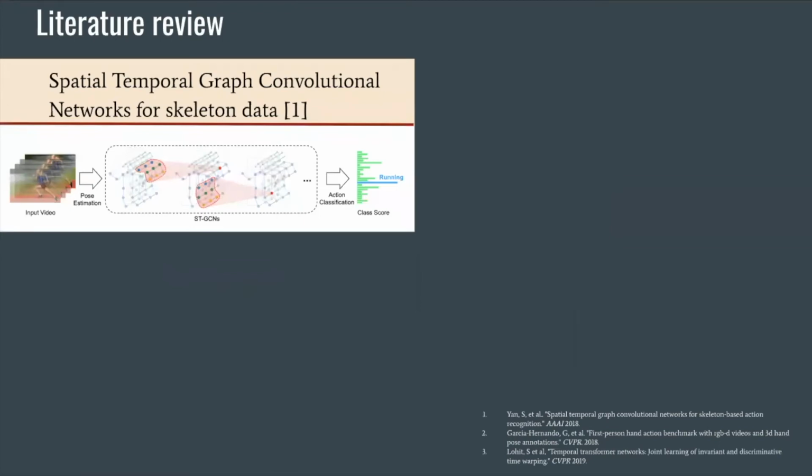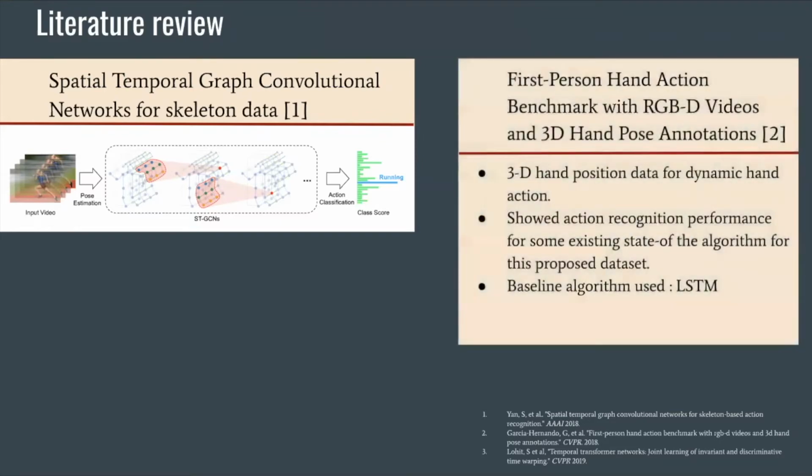So in literature, there are many kinds of action recognition algorithms for skeleton data, but there is very little literature on hand skeleton data. The spatio-temporal graph neural network was proposed for full body skeleton data action recognition. Then Garcia et al. proposed the first-person hand action benchmark dataset, which we will be using here.